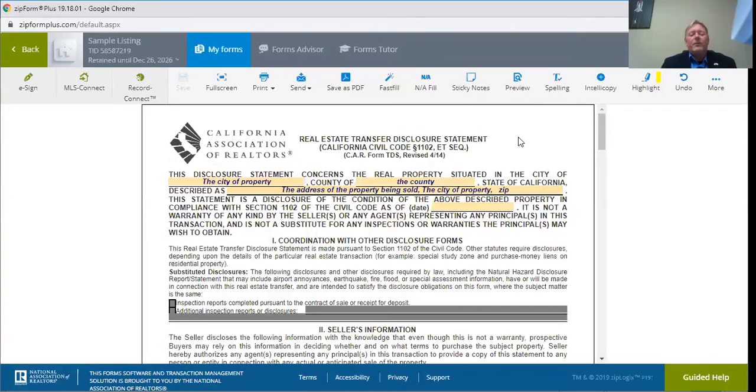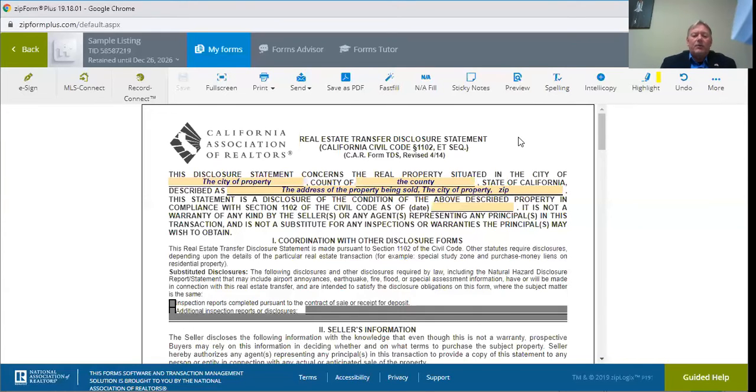So again, the TDS is, just like the SPQ, which is the seller property questionnaire, where the seller, who knows the house, is going to be talking to the buyer and the buyer's agents about what material facts could be wrong with the house, and what the seller knows about any conditions whatsoever as they move forward.